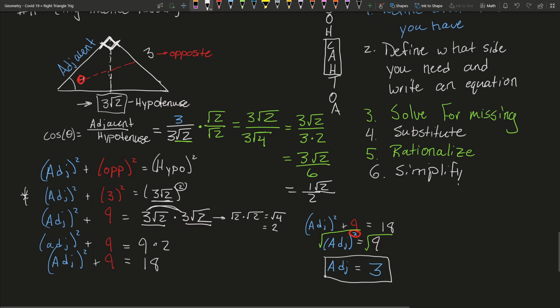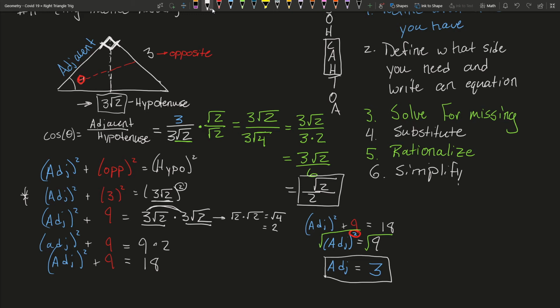So we can really write this as square root of 2 over 2. And then this, square root of 2 over 2 ends up being our answer.